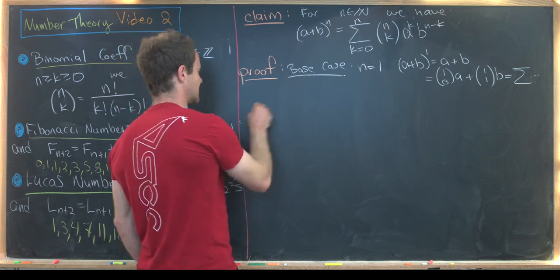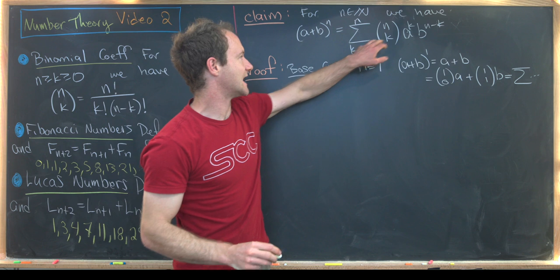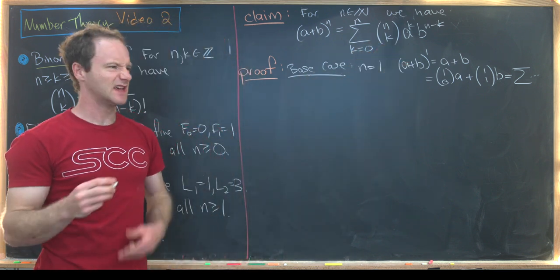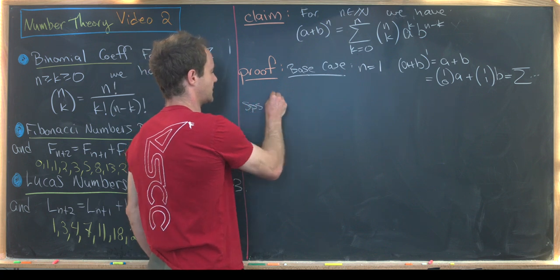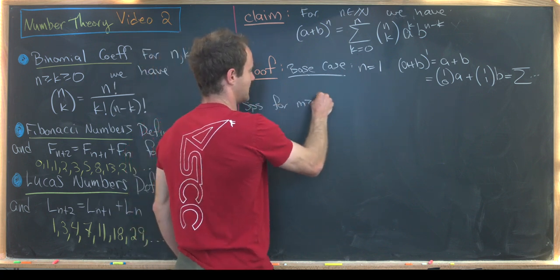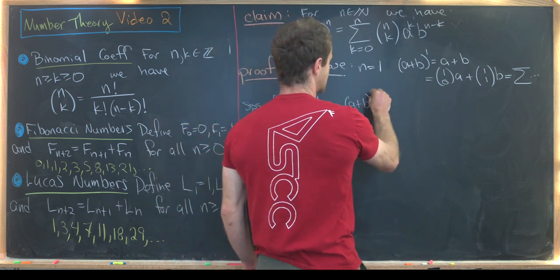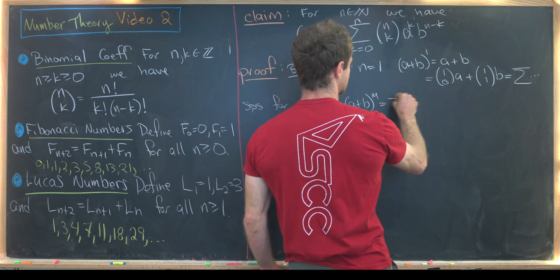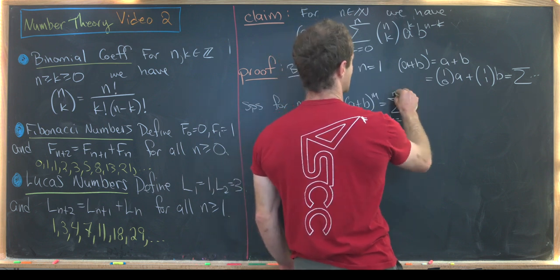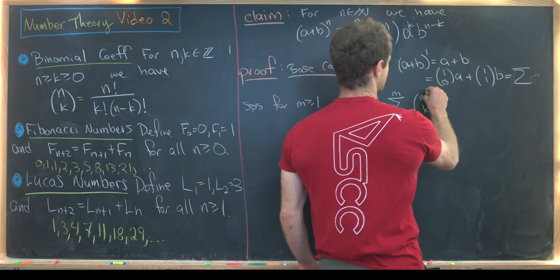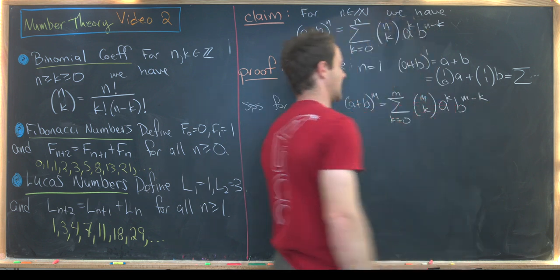Okay, so now let's make an induction hypothesis. So we've already used k as our index, so we'll use m for our induction hypothesis. So let's suppose for some m bigger than or equal to 1, we have a plus b to the m power is equal to this sum as k goes from 0 up to m of m choose k, a to the k, b to the m minus k.